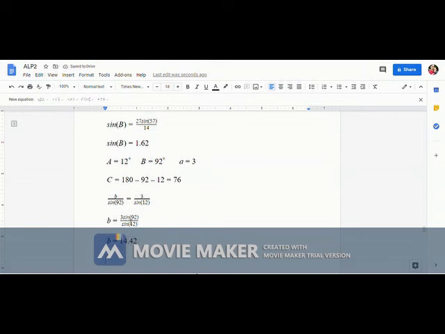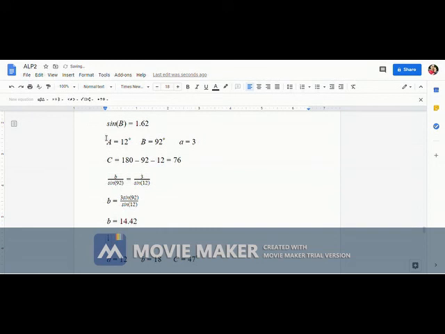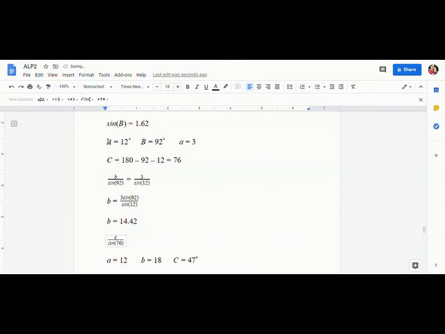Now we can find the length of side C. Okay, so we'll put C in the numerator again over sine 76, or sine C, equals 3 over sine 12.